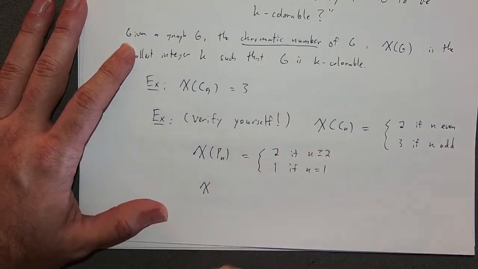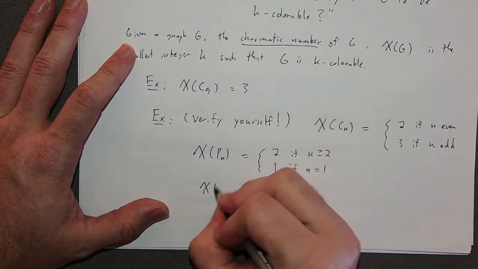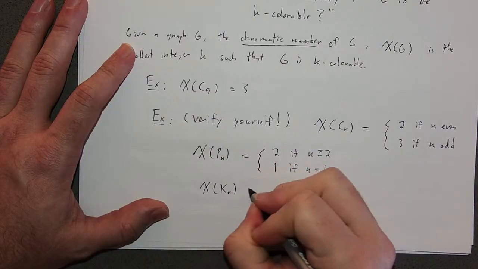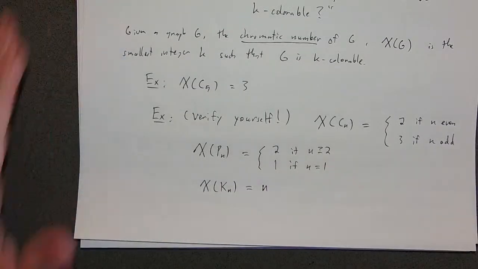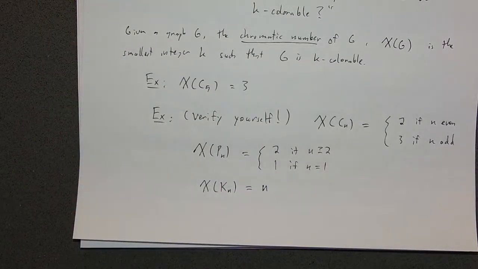What is the chromatic number of a complete graph on n vertices? Unfortunately, this is like the other extreme. It's just n. You need all the colors possible. You need a different color for each vertex because every vertex is adjacent to every other vertex.